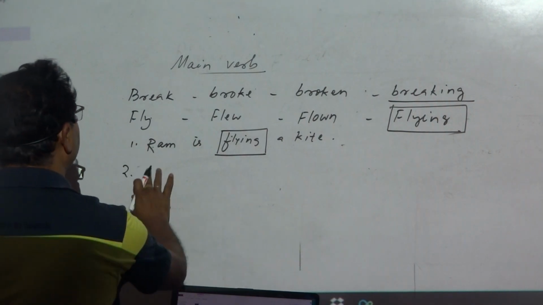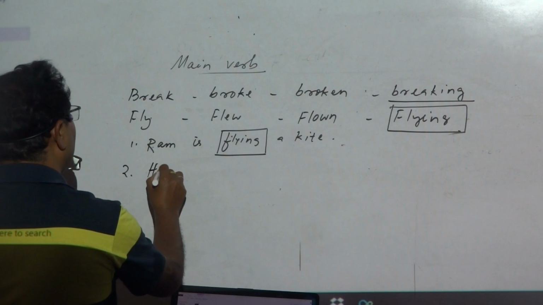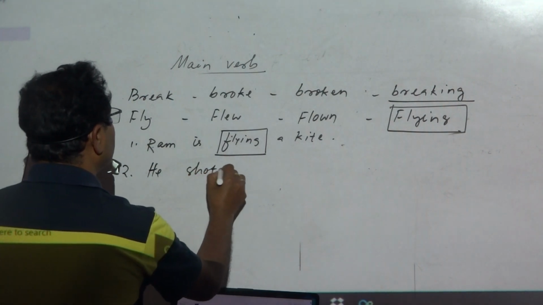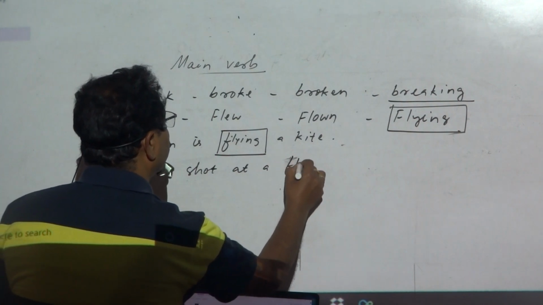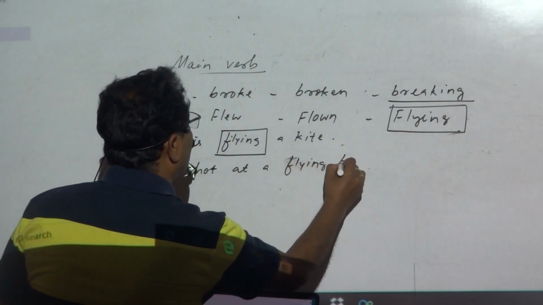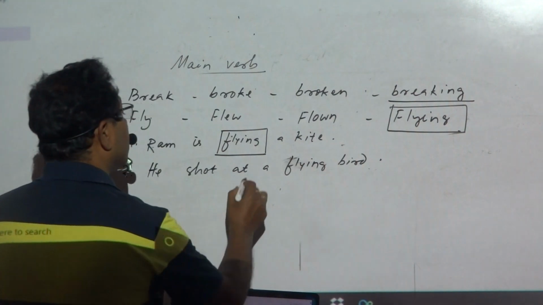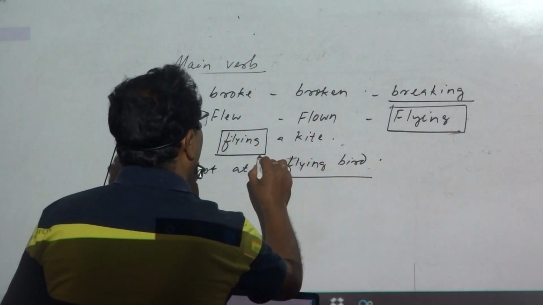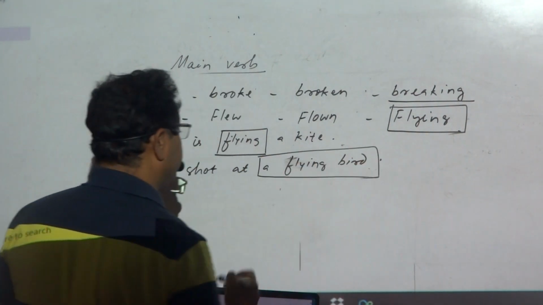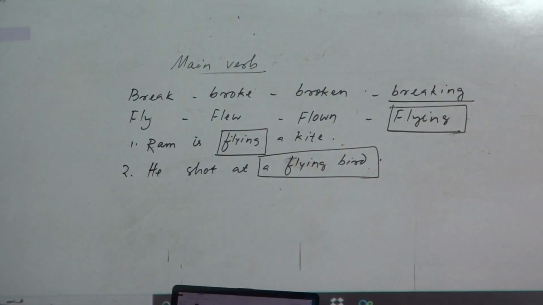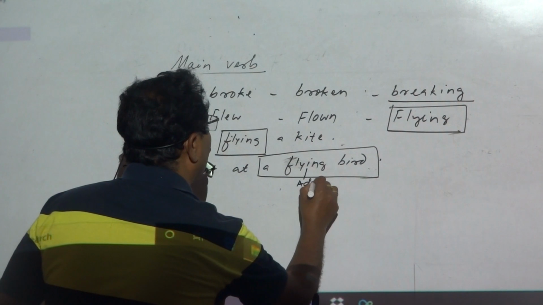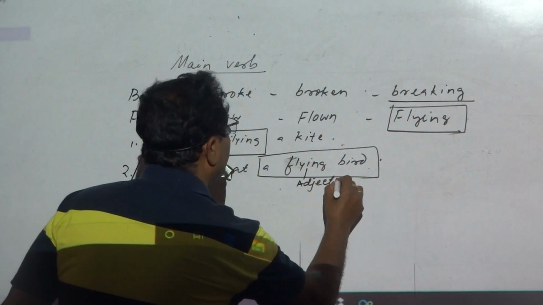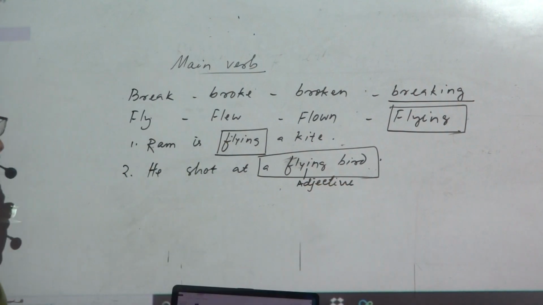Sentence number 2. He shot at a flying bird. Look at a, and from here it is a phrase. It's a noun phrase. And here flying is not a verb. It is an adjective.